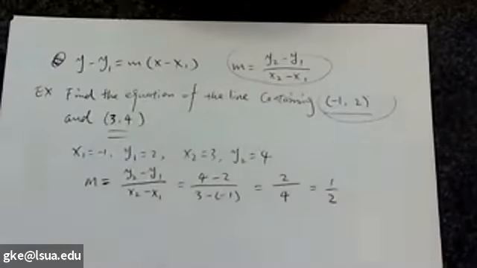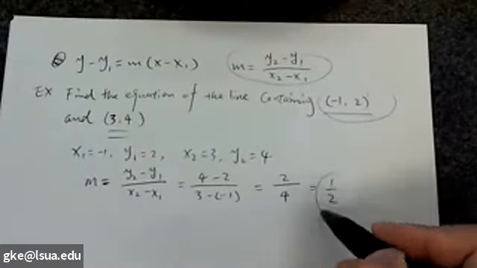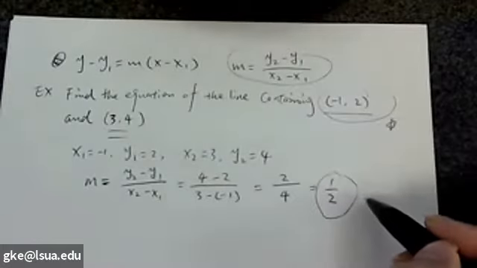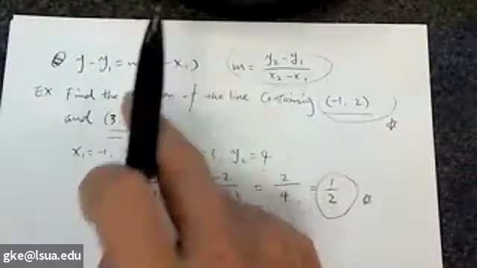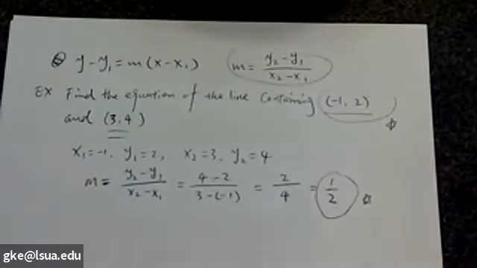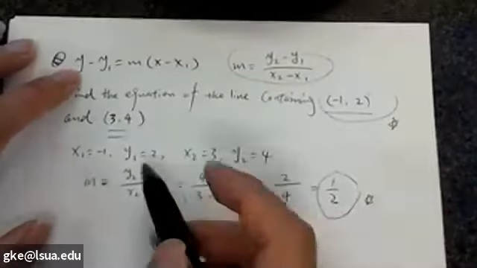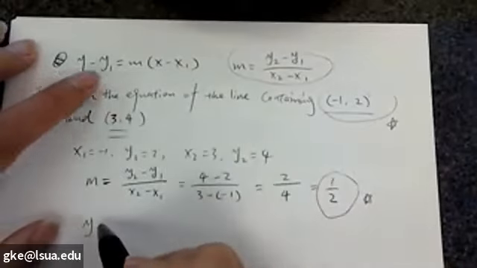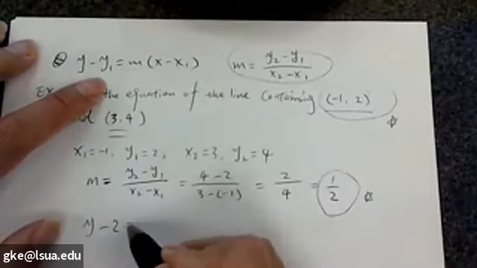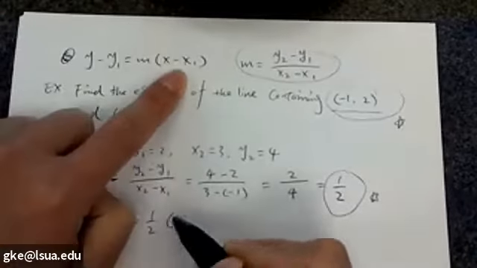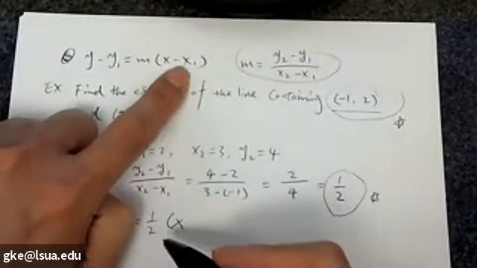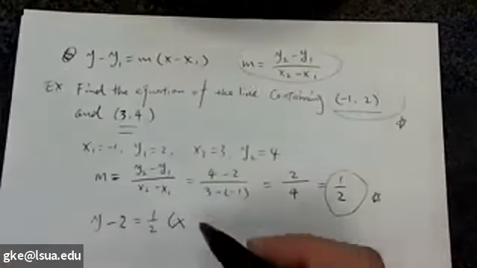Now, we got a slope and a point, right? Then we can plug in this formula to get the point slope form. So y subtract y1 is 2, m is 1/2, x subtract x1. x1 is -1.